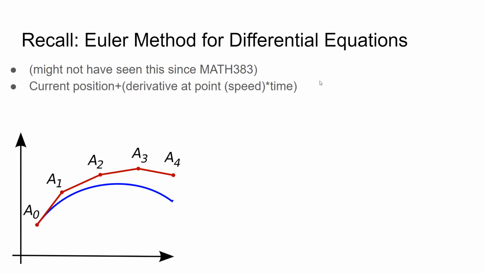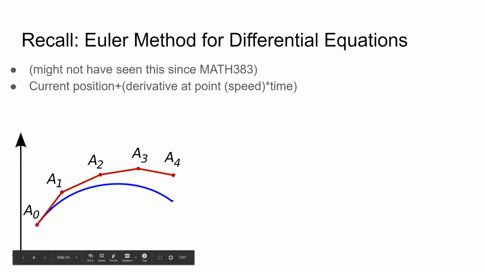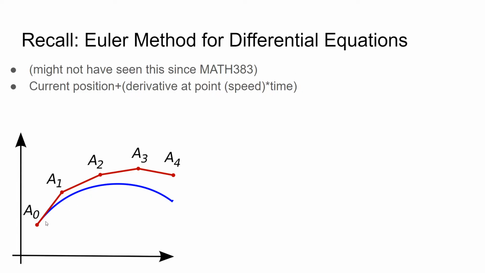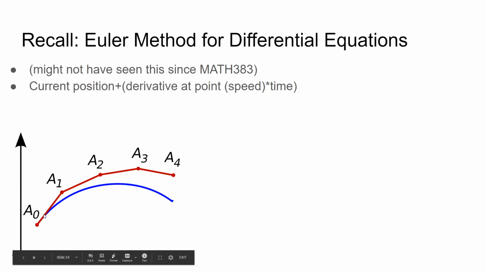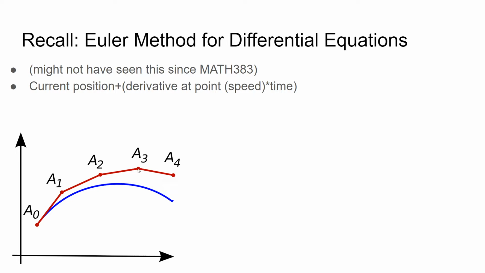I don't remember, it's been a long time since I've taken this class, but the basic idea of the Euler method is you take the current position that you're at, you use the derivative at this time step, so how fast the function is changing, to predict the next step, and you have a time parameter which basically tells you how much you should move. So with gradient descent, for example, you can choose how wide each of these iterations is.